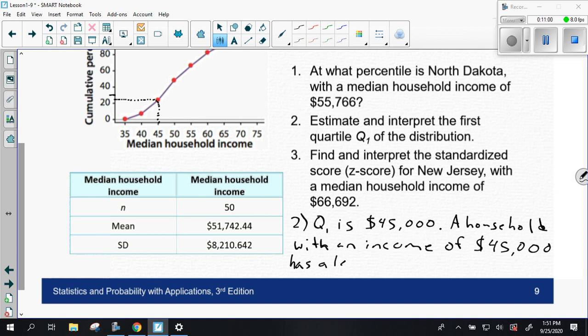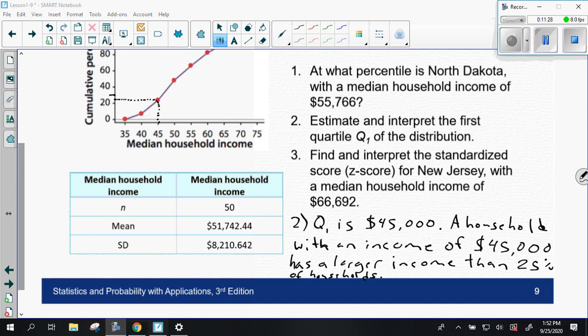Nice, that will work. 25% of all households. Let's just say of households. We're looking at households in the study, I believe. Fantastic. There we go. It has been estimated and interpreted. Let's get to number 3.